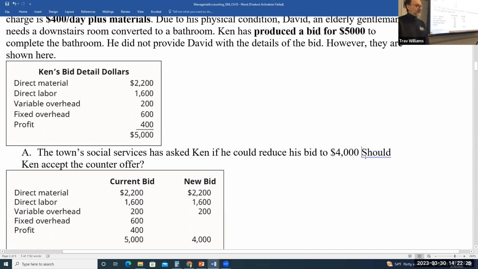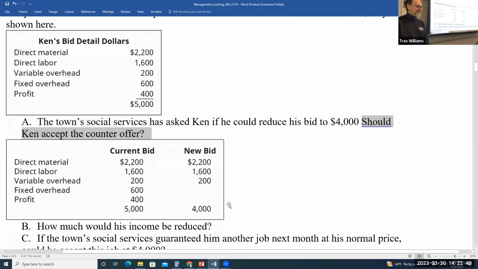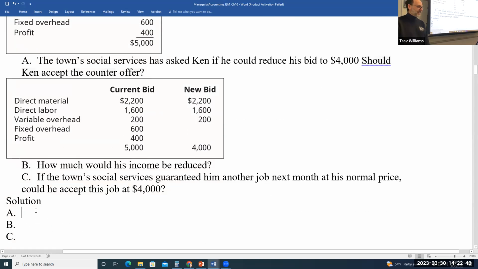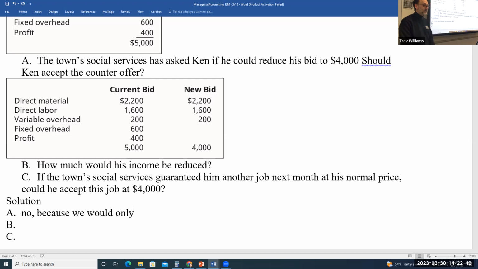So the question here is, should the company accept that offer? Would you take a job just to break even on it? Probably not, right? So let's go ahead and say no, because we would only break even.